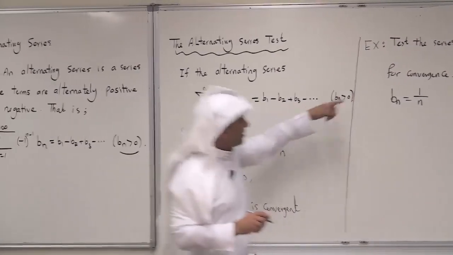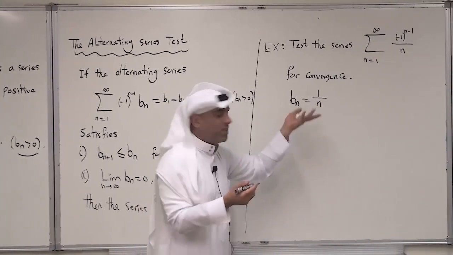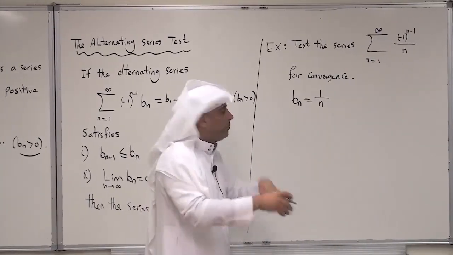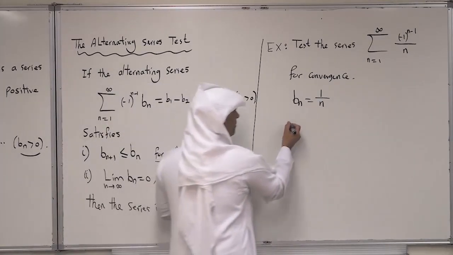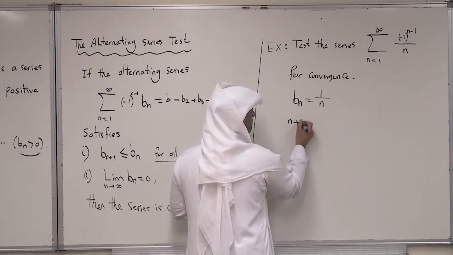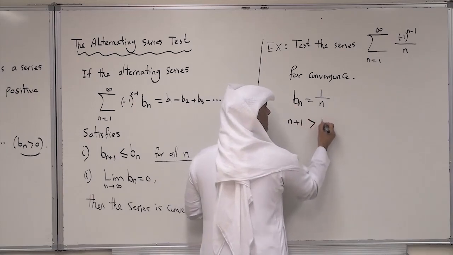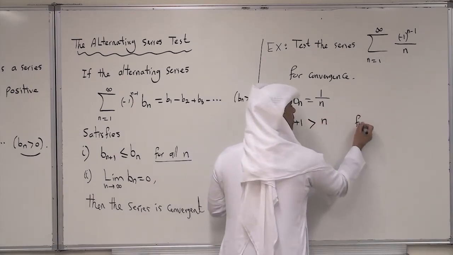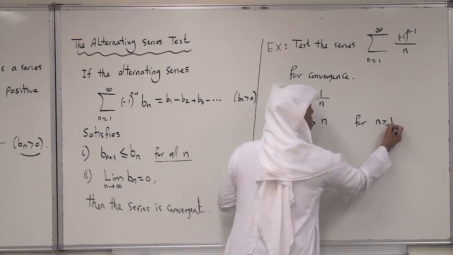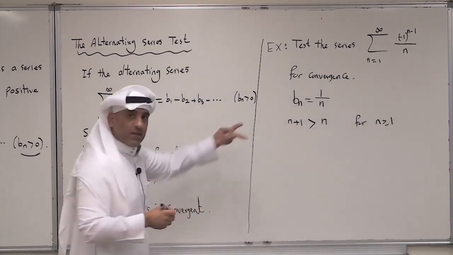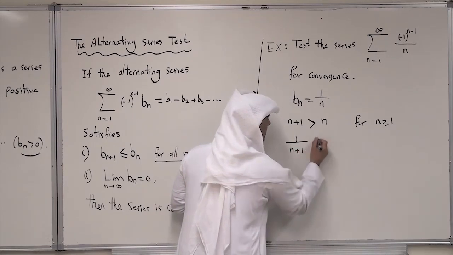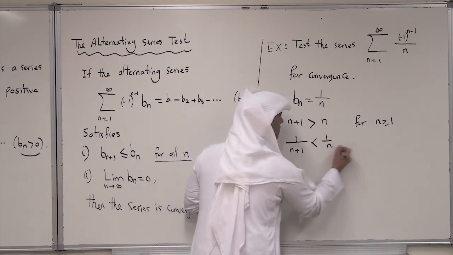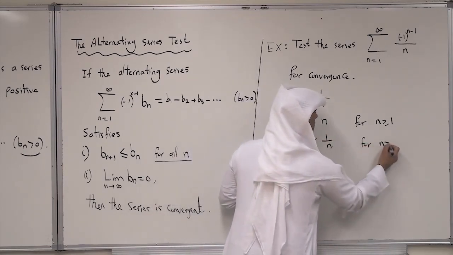Is this sequence bn decreasing? Meaning, is bn+1 less than or equal to bn for all n? Let's check this. We know that n+1 is greater than n for sure, and this is true for all n greater than or equal to 1. The reciprocal, 1 over n+1, must be less than 1 over n, also for all n greater than or equal to 1.